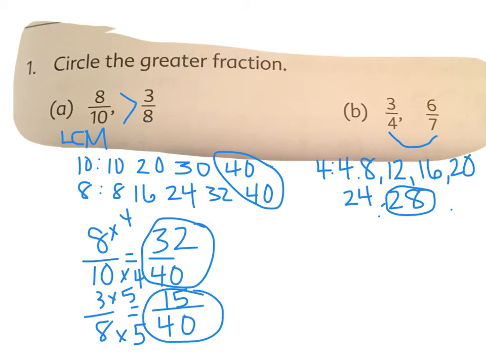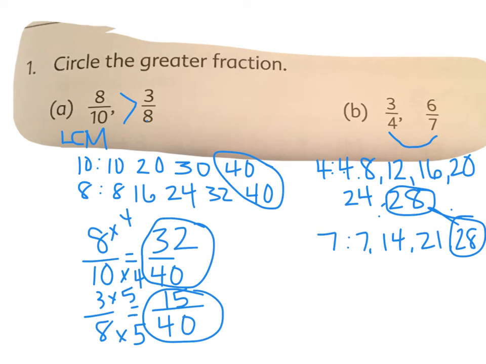And you should think, oh, I know 7 times 4 equals 28. So let's just make sure. 7, 14, 21. Do we have any common ones yet? Not yet. Next one, 28. This is the common denominator.